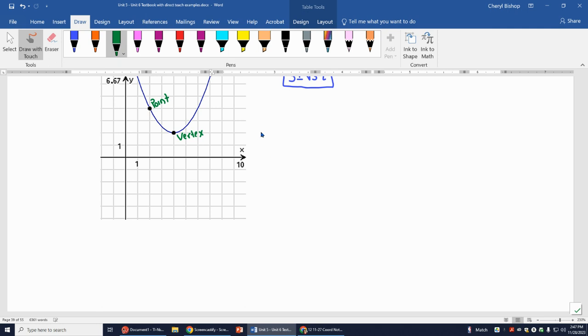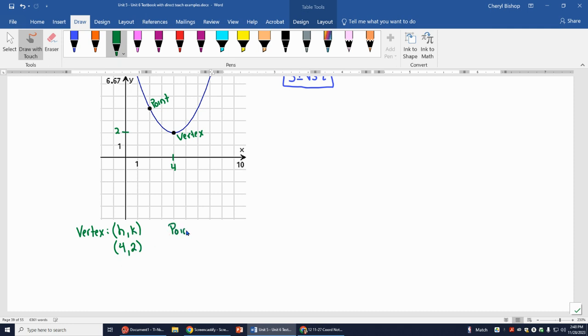Okay, remember your vertex is always given to you as an (h, k). So my vertex is going to be the point 1, 2, 3, 4, 2. So my vertex is the point (4, 2). So I know my value for h is 4 and my value for k is 2.